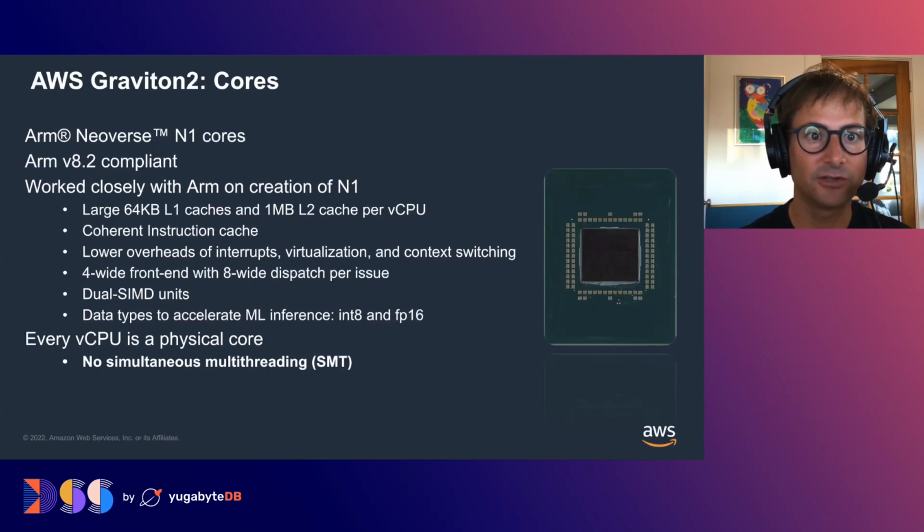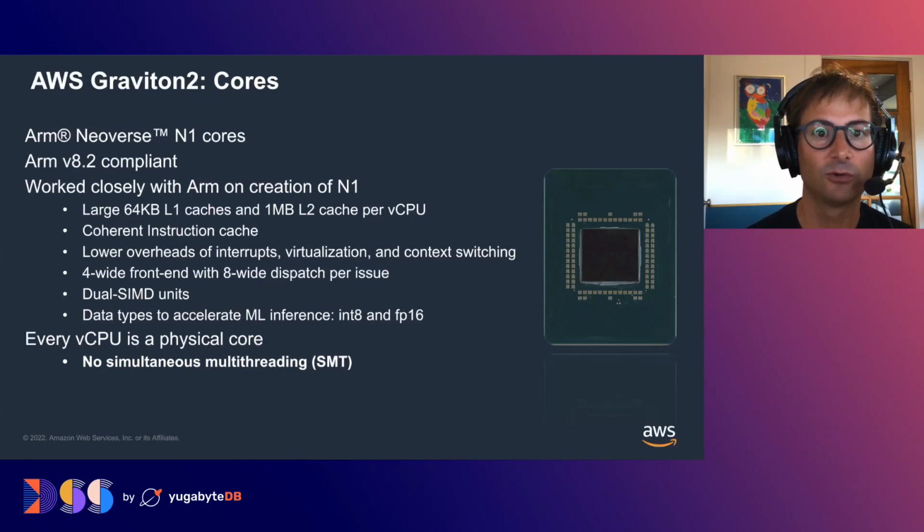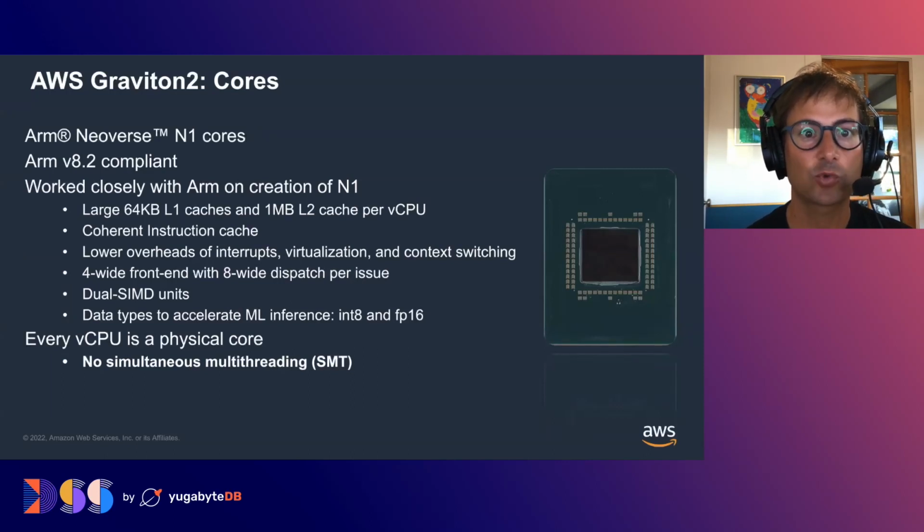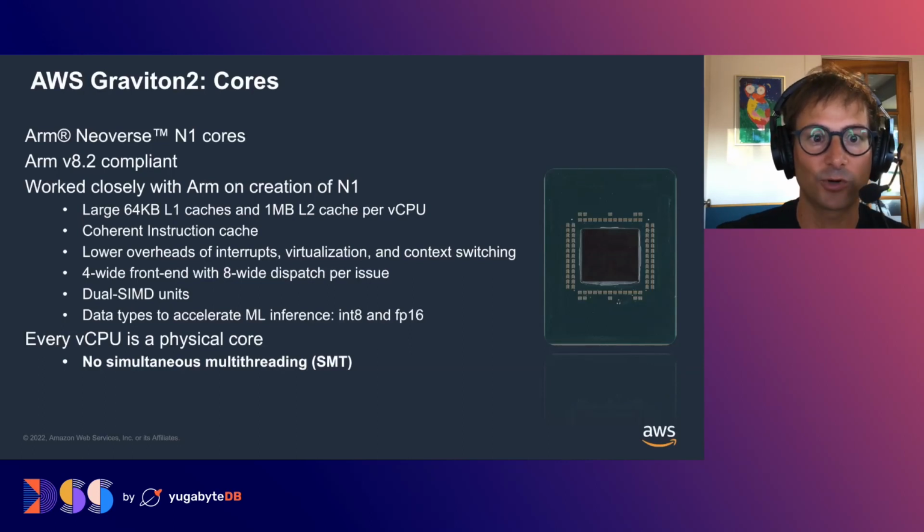You don't have the kind of impact that you have when using hyperthreads, where with two hyperthreads you get about 1.6 to 1.8 times the performance of a single hyperthread because of the contention between the two sharing the resources. On Graviton 2, each vCPU is a physical core, so you really get twice the performance of a single physical core when you scale to two and more.